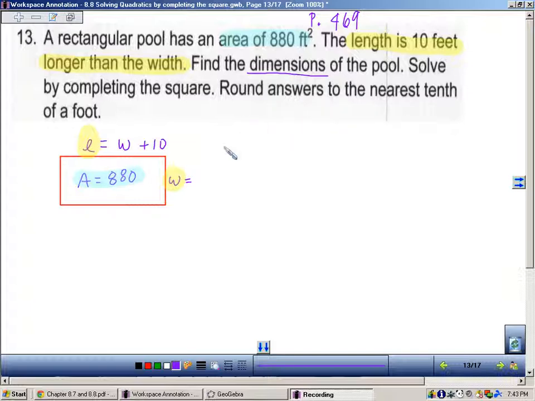So that's what we're trying to find. So let's plug and chug. It's the area formula. Substitute the values. There we go. Let's multiply through.